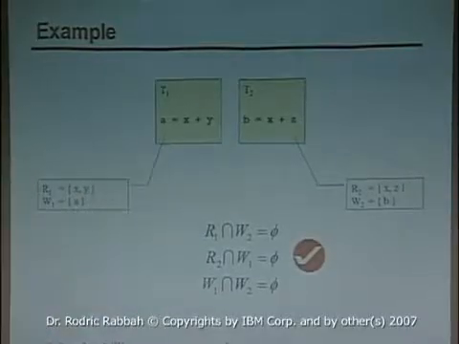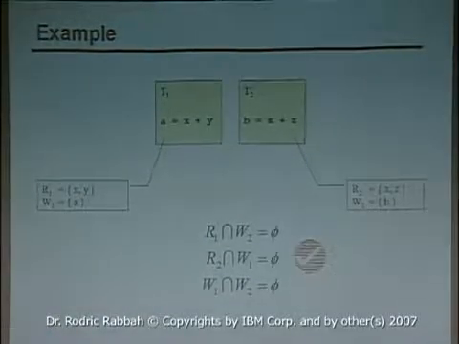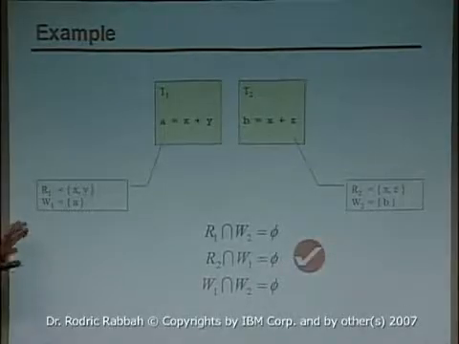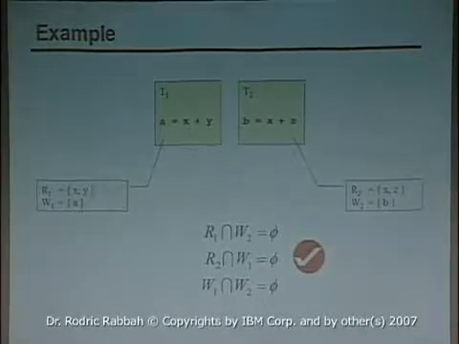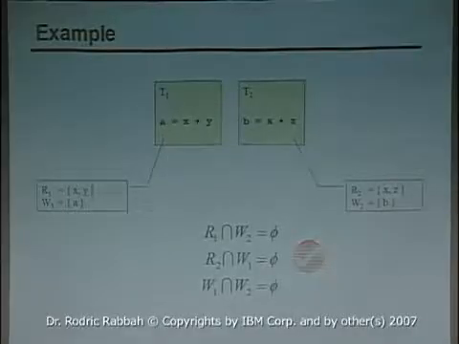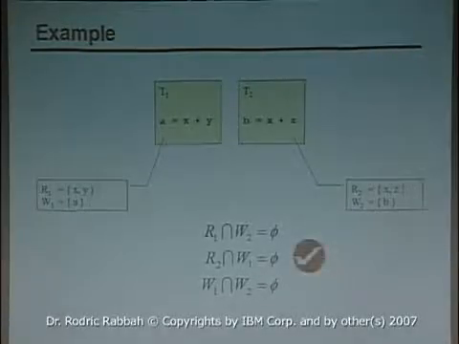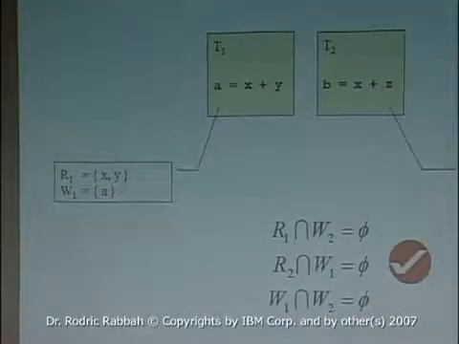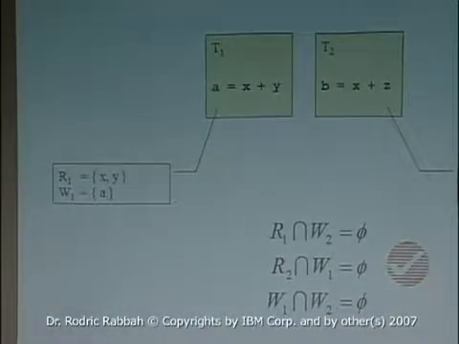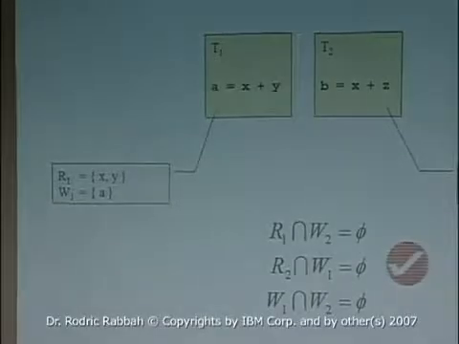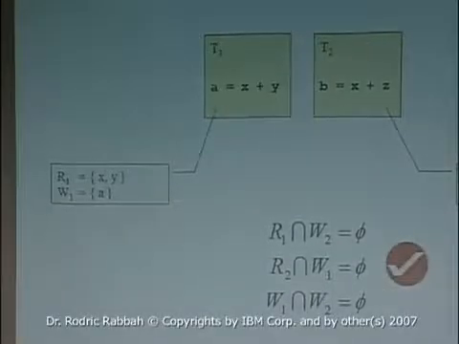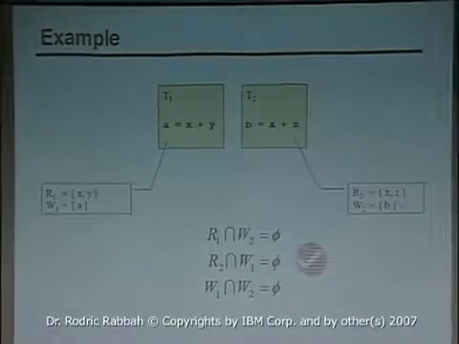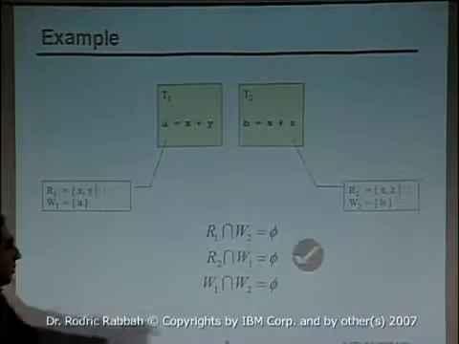So you have task T1 doing a equals x plus y, and task T2 doing b equals x plus z. If we look at the read set for T1, these are all the variables or data structures or addresses that are read by the first task. That's x and y here. And all the data that's written or produced by T1: here we're just producing one data value, and that's going into location a. Similarly, we can come up with the read set and write set for T2, shown here.